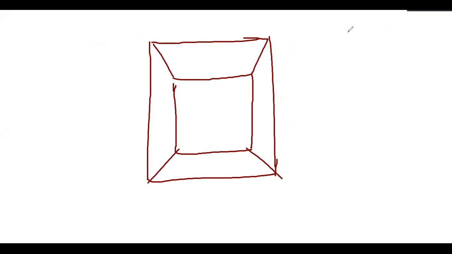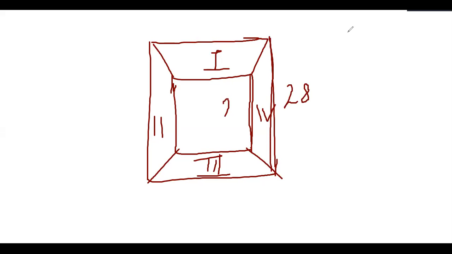This one, right? First and second we have found. First and third we have found because it's same. Now we'll find out second and fourth. Second and fourth में one parallel side is 28, inner parallel side is 20, and the height is same 4. Right? Now we'll find out area of section 3 and 4.